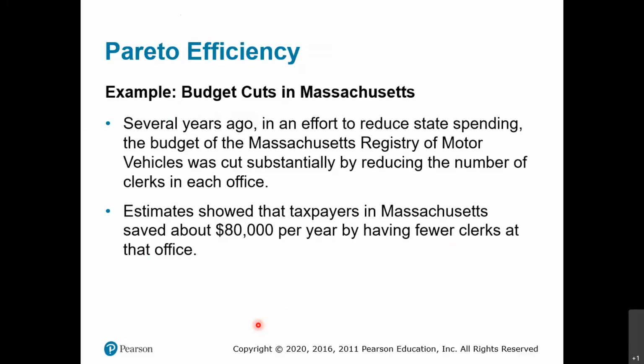So if you have fewer clerks, that means longer wait times. If you have longer wait times, then the costs are borne by the people. So the question is, do the people who have to wait longer at the DMV, assuming the $80,000 a year is translated to lower taxes, is that worth the longer wait times economically?